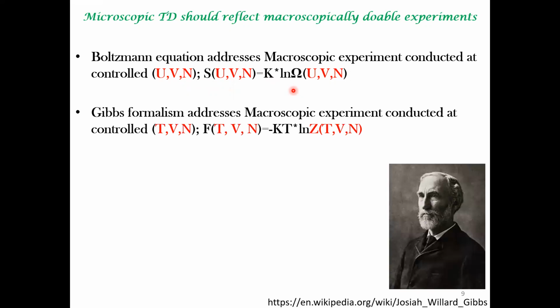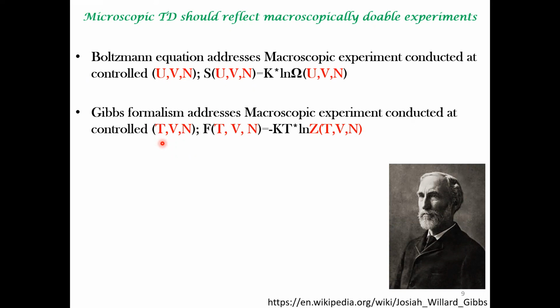So he looked at an experiment conducted in a different manner. The macroscopic system you're looking at is not an isolated system, but a system whose temperature is fixed. How can you fix the temperature? You can fix the temperature of a system by having that system in contact with a thermal reservoir.